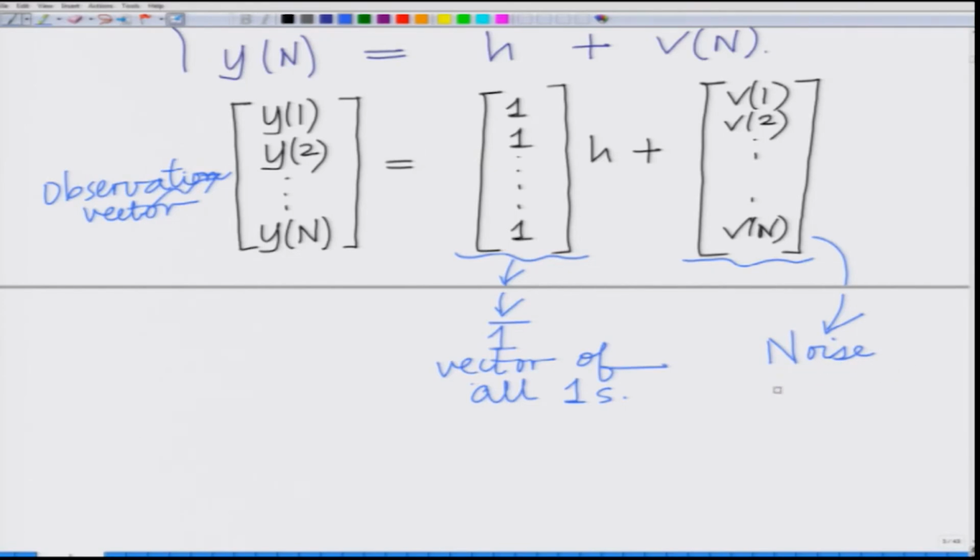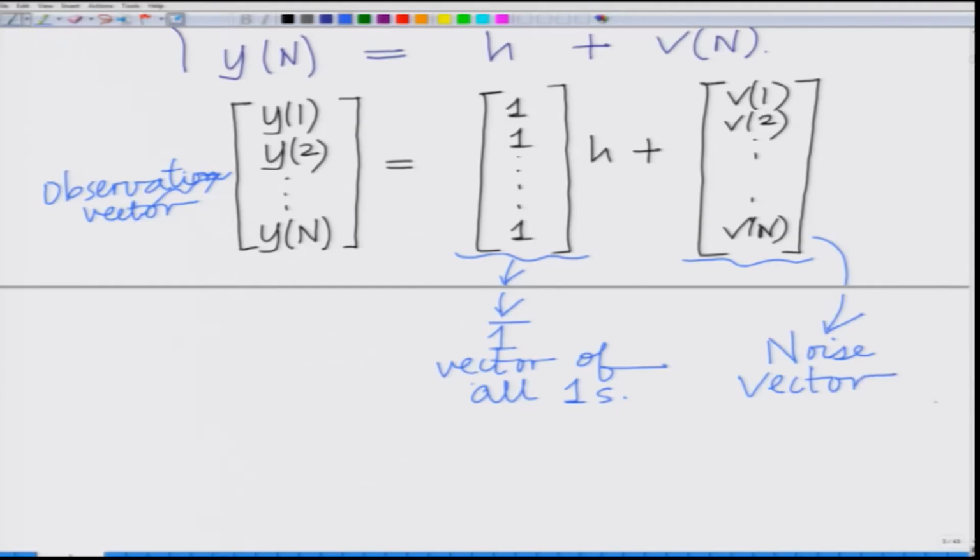Okay. This is V bar, which is your noise vector.